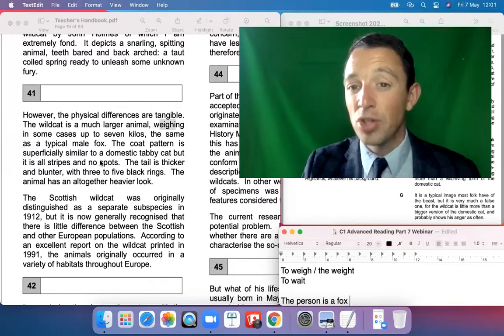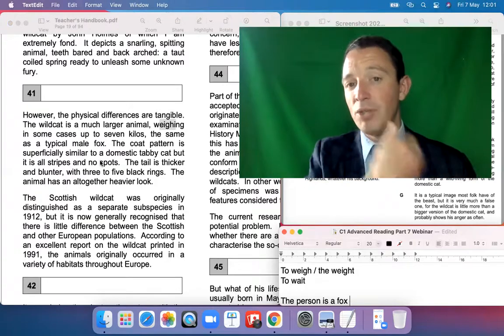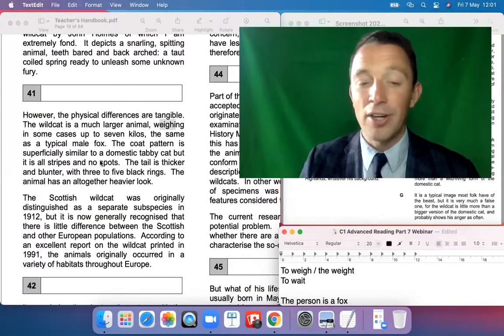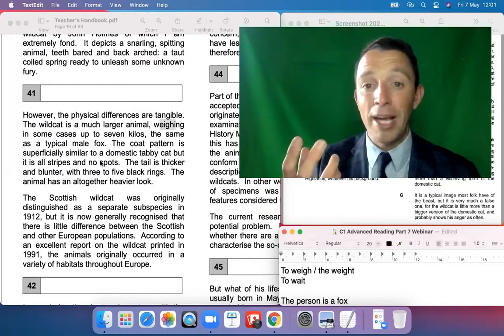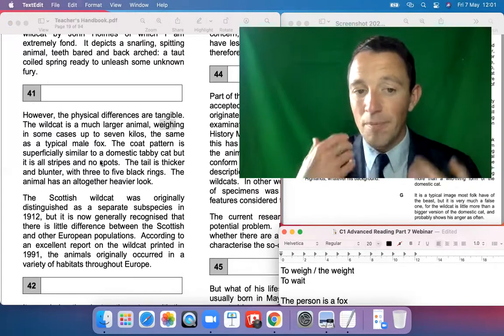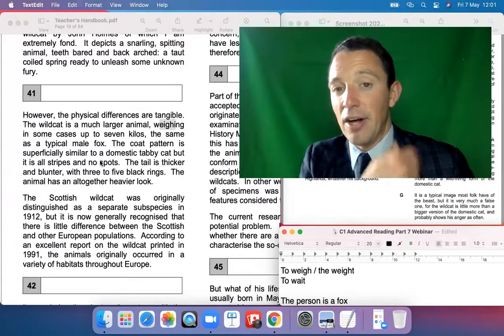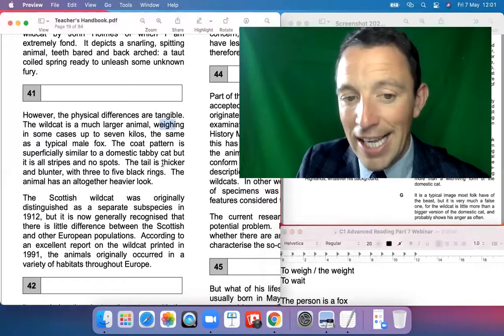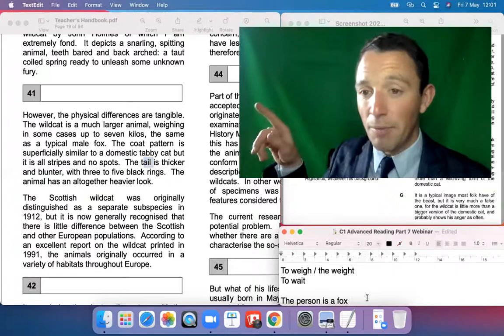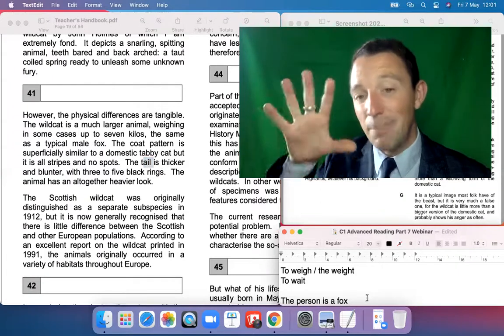Stripes and no spots. So the stripes are the pattern on the person or the animal. Stripes, and a spot is like a little circle. Maybe the Dalmatians have a lot of spots, and the stripes is the pattern on the clothes. Okay, thicker is related to the tail, and remember, tail is for the animal, and thick is like espeso in Espanol.